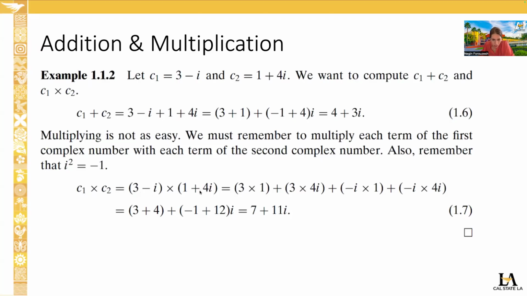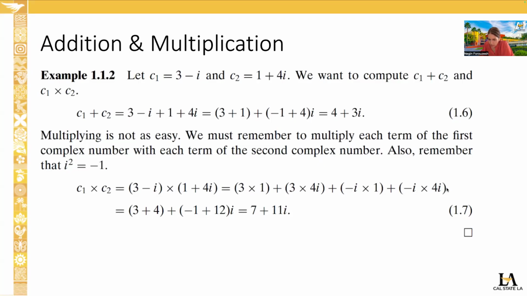So I have 3 times 1 plus 3 times 4I plus -I times 1, and then -I times 4I. And some of it is easy. So 3 times 1 is 3. Here we have 12I. Here we have -I.